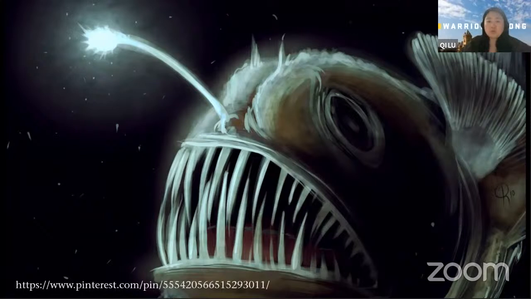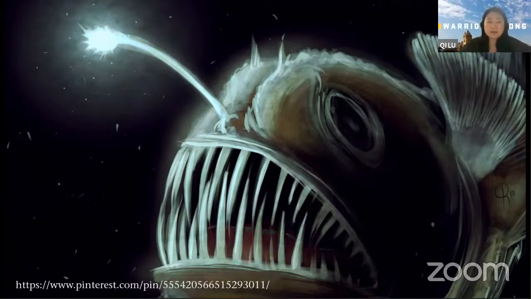In the natural world, in the deep sea, we know there is a fish called the lantern fish that has an organ that can emit light. In this chapter, we're going to talk about bioluminescence.